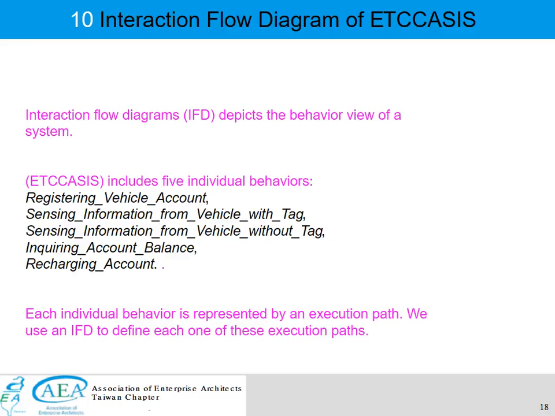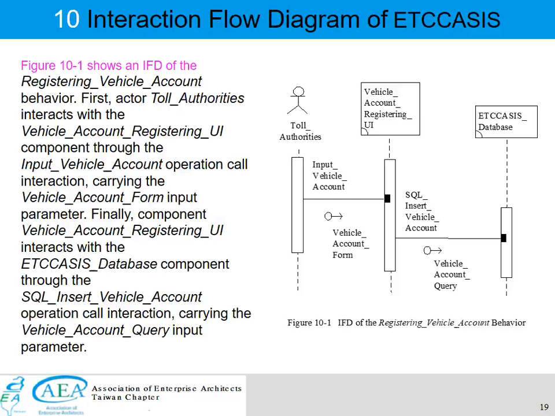Chapter 10. Interaction Flow Diagrams of ETC cases. Interaction Flow Diagram (IFD) depicts the behavior view of a system. ETC cases include 5 individual behaviors. Figure 10-1 shows the first IFD of the registering vehicle account behavior.